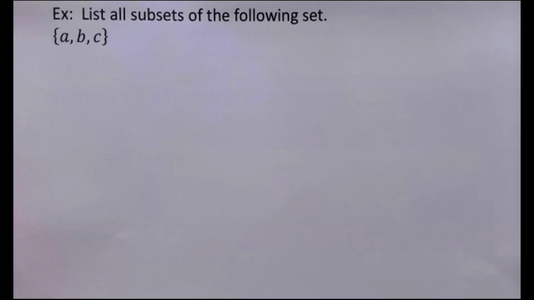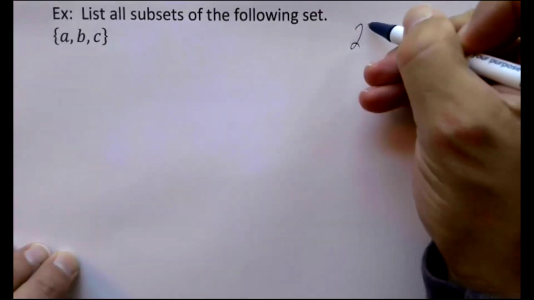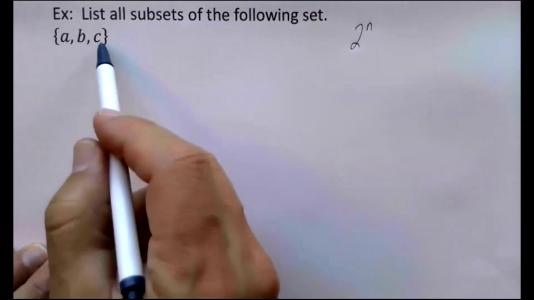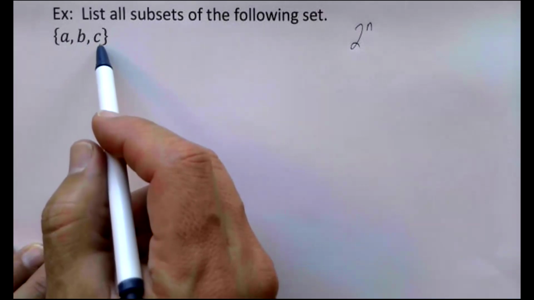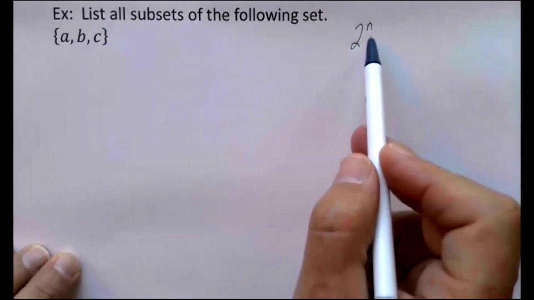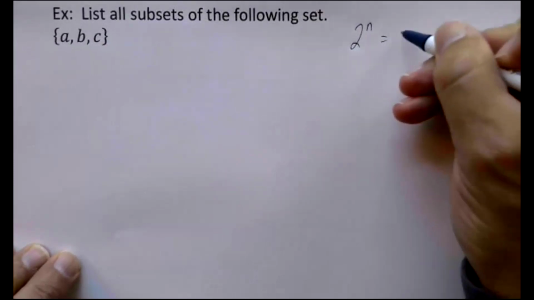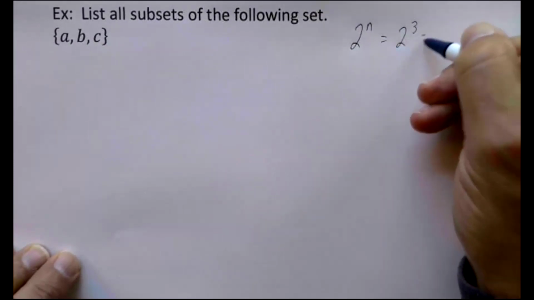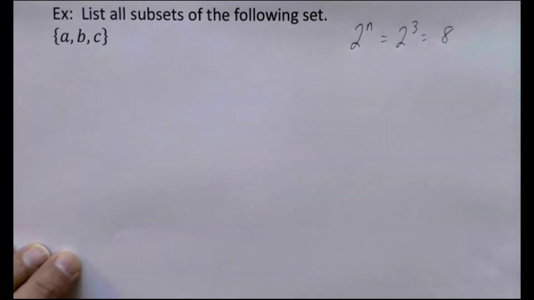The problem we are looking at right now has 3 elements, 1, 2, 3. If I put a 3 right there, 2 to the third power, that means 2 times 2 times 2, that means 8. That means I expect 8 answers down here.